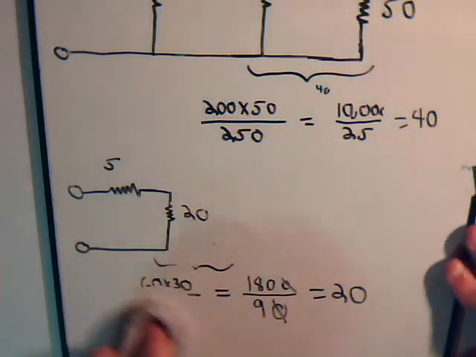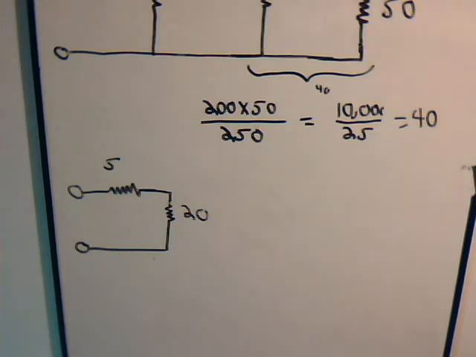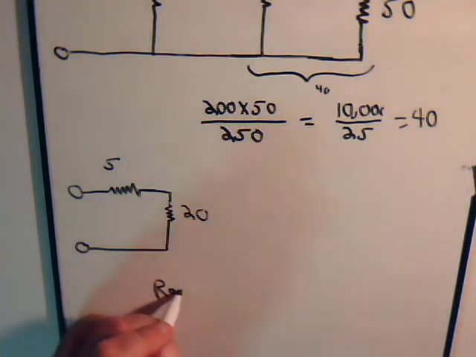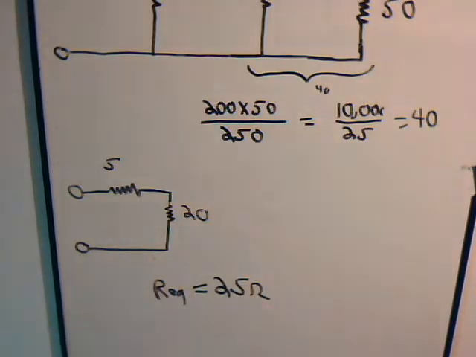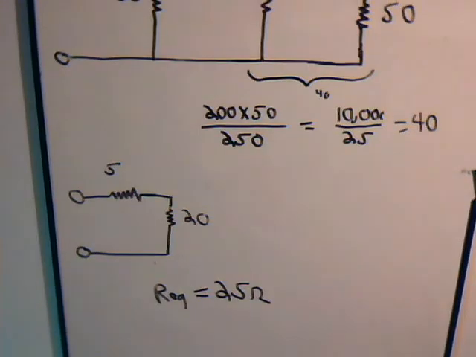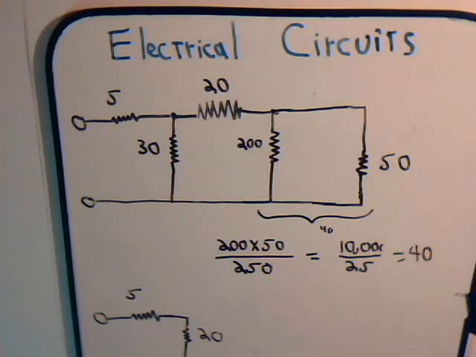So finally, you can see that these just add up so that the equivalent resistance is 25 ohms. Okay, so we go back, look at this. With this entire circuit then, the equivalent resistance is 25 ohms.